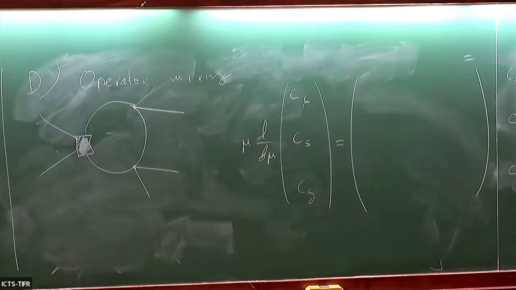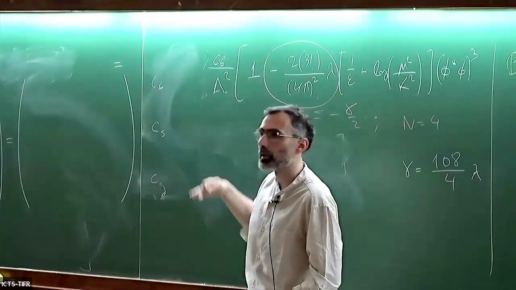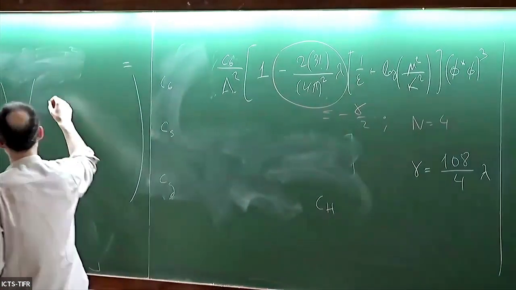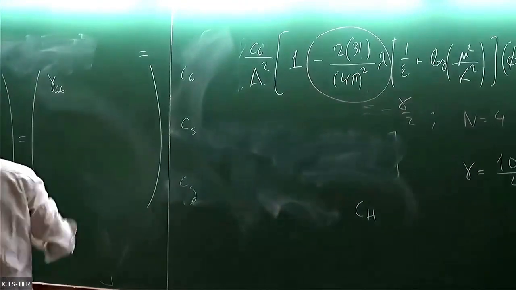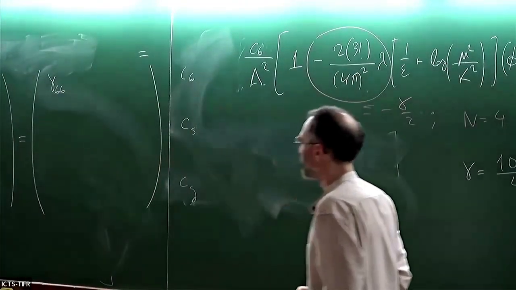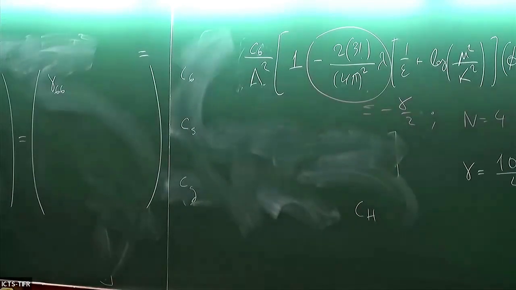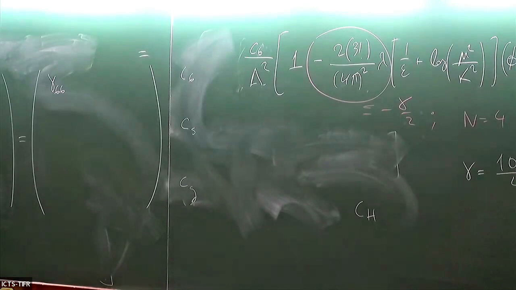We have seen what is CS self-renormalization, so we know this entry, and we've computed it. Any other entry in that matrix, we know what value it takes.